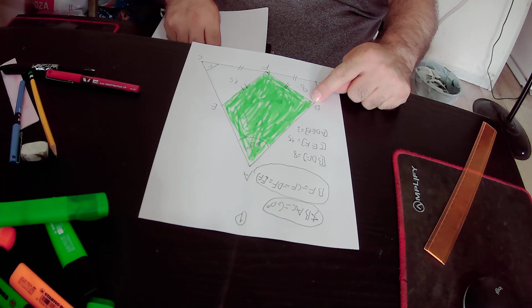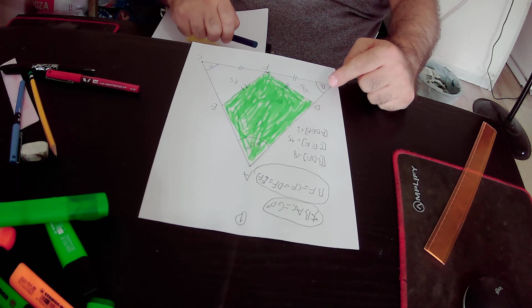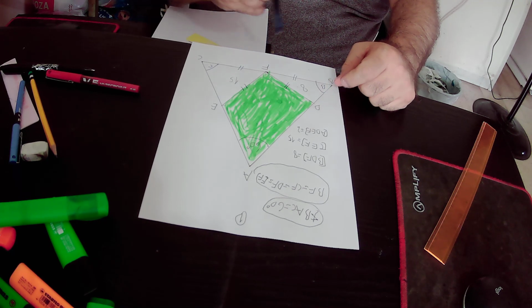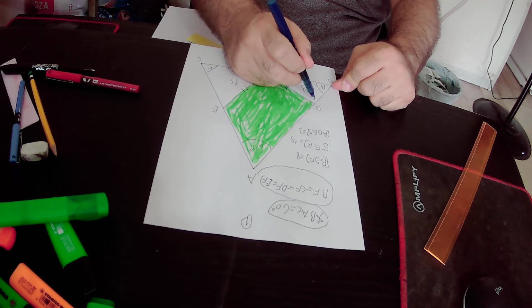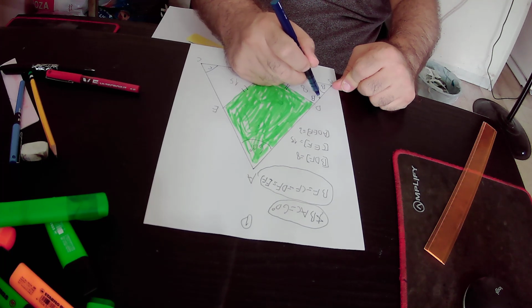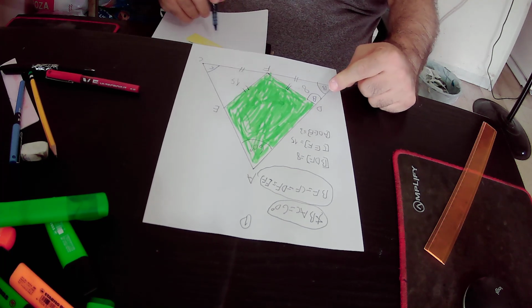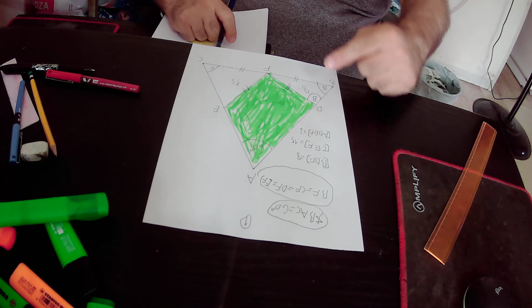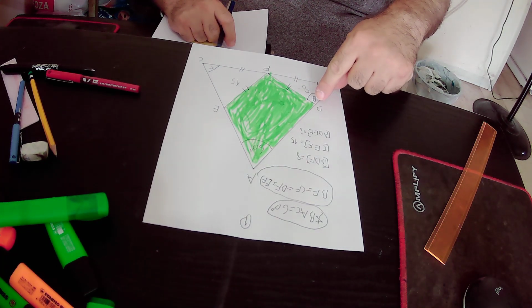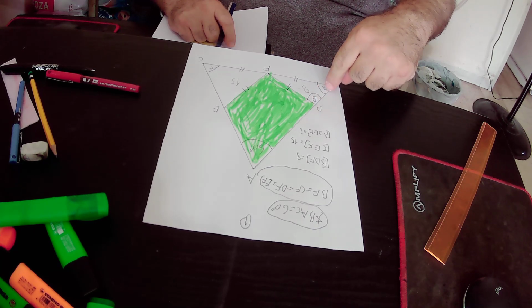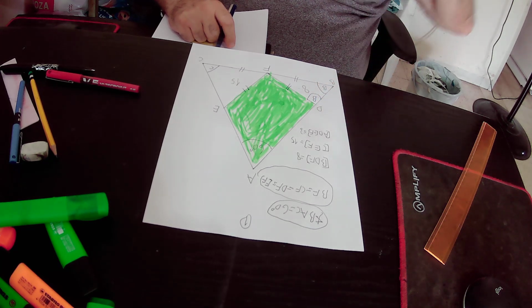So according to rule number 2, those two angles must be equal to each other. So if this angle is B, then this angle is also B.